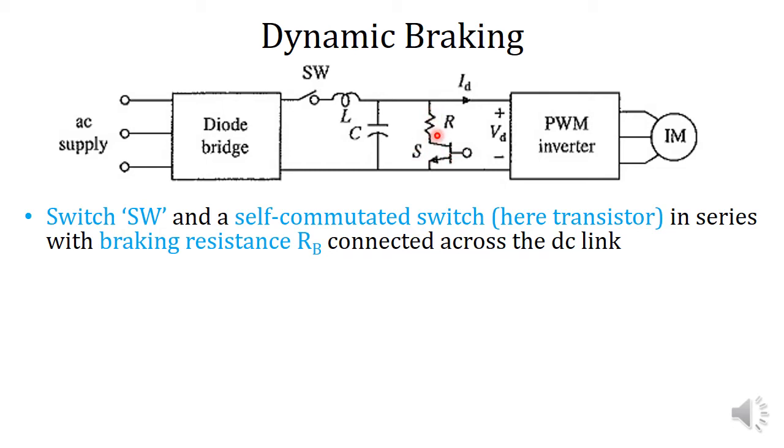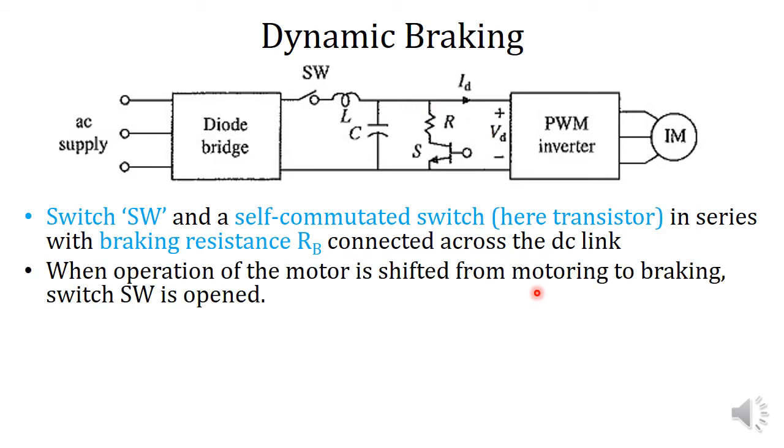These are the additional elements that are added for dynamic braking. Otherwise, this is a simple VSI fed induction motor drive using a PWM inverter. So let's see how this helps to implement dynamic braking. In this circuit, ID is the DC link current, which is positive during motoring and negative during braking.